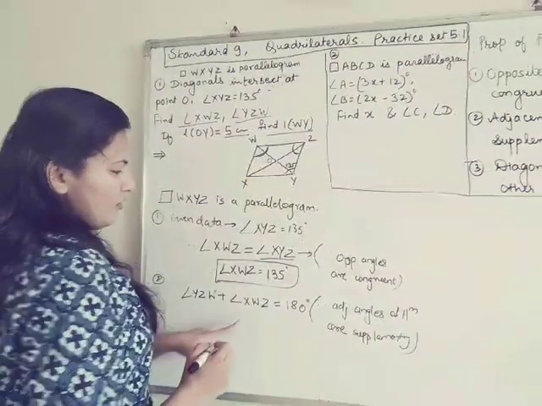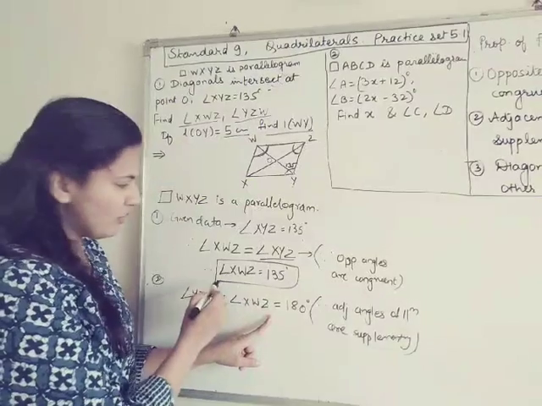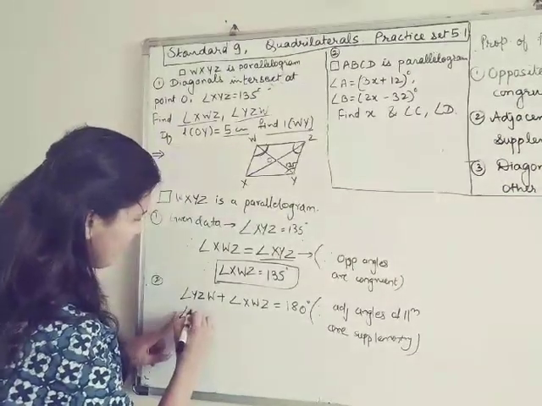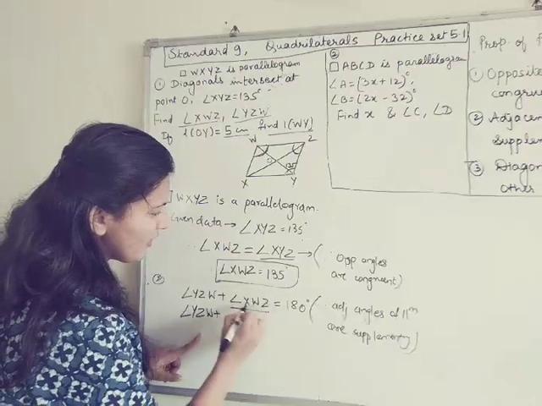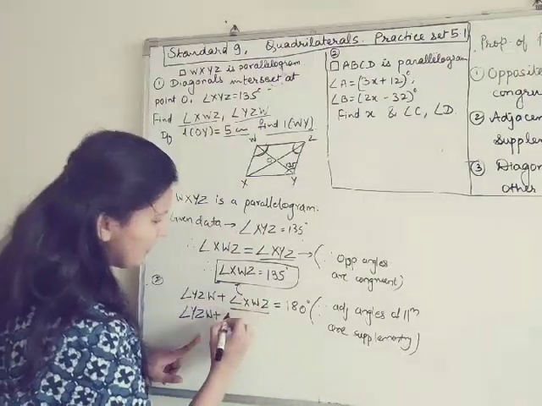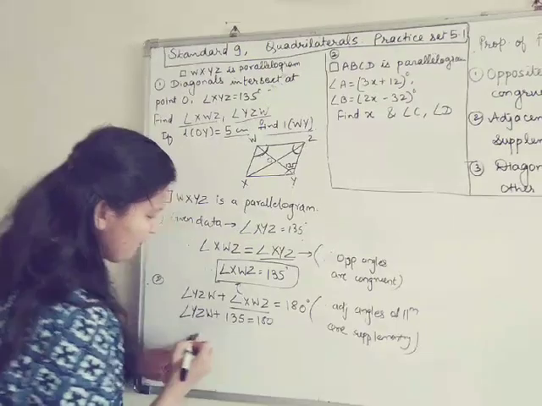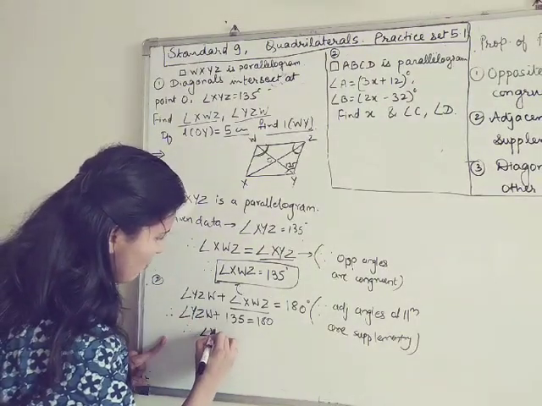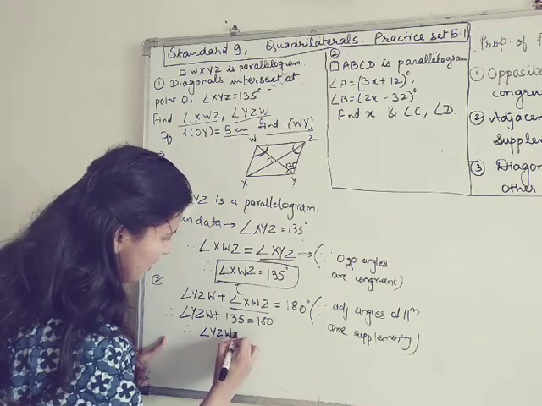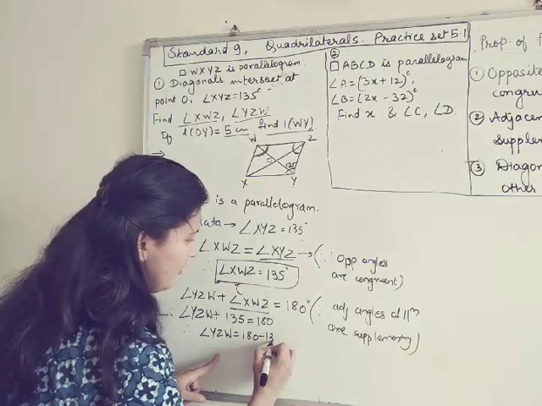So we know the value of XWZ. In the previous step we have found this. So YZW plus XWZ, which is 135, is equal to 180. Therefore the angle YZW is 180 minus 135.